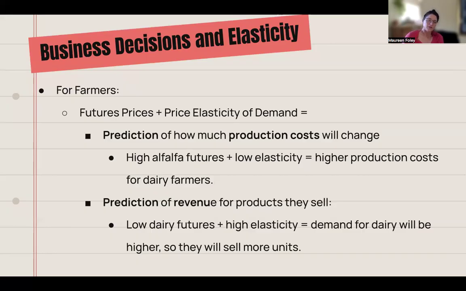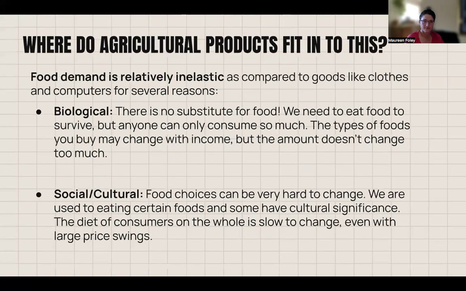If the price of dairy in the future was going to be low, but we know that dairy has high elasticity, then the farmer will know that demand for dairy is going to be high in the future. So they're going to sell more units of dairy. Those are some ways that farmers might use elasticity information to plan for their business or to make decisions.